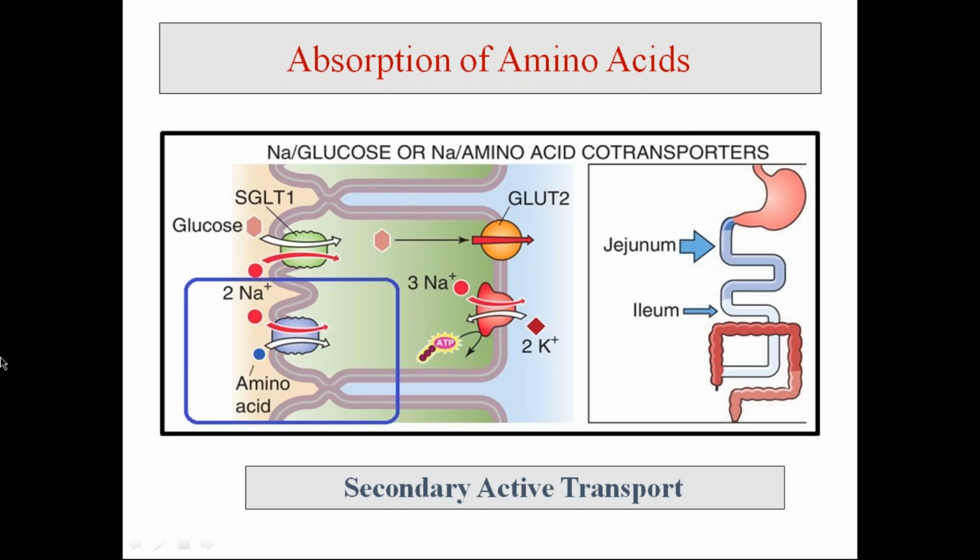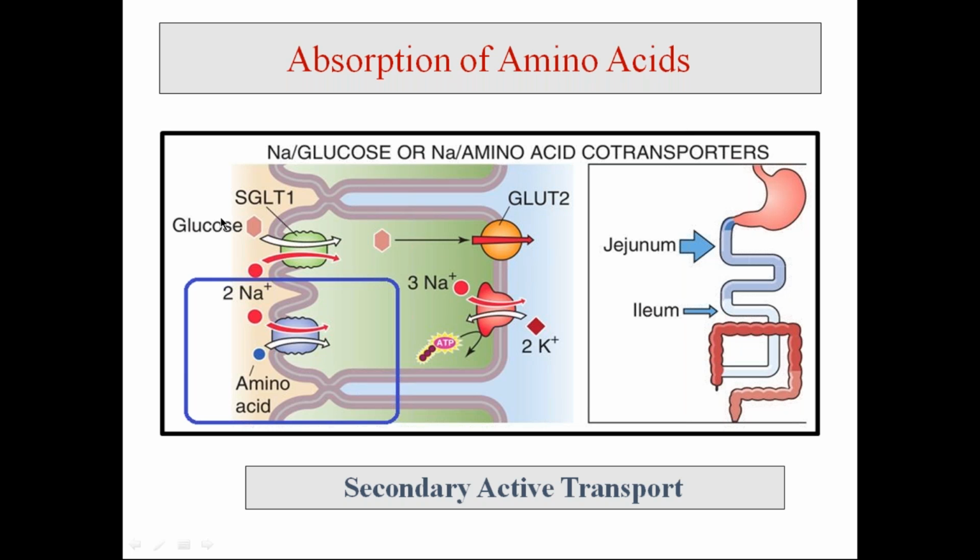Okay. So this is showing you the absorption of amino acids which occurs in the small intestine by the process of secondary active transport. You have a different set of transporter proteins on the apical side and a different set of transporters on the basal side of the membrane of the cell.